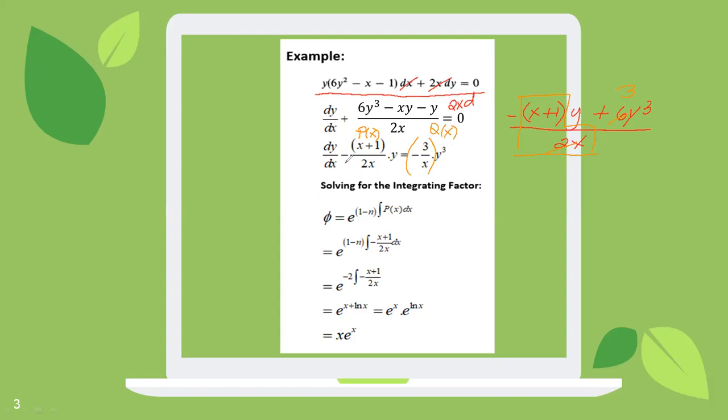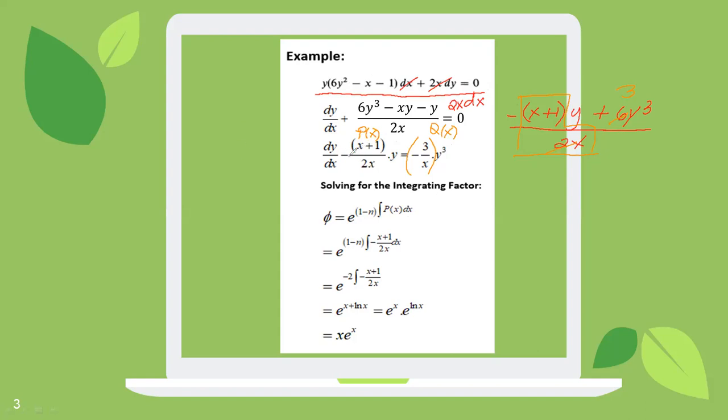So the original not-so-Bernoulli's equation, DE, was now rendered, in terms of the form, looking like a Bernoulli's equation. So your p of x is negative x plus 1 over 2x.